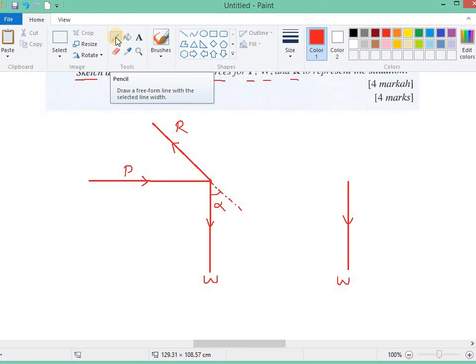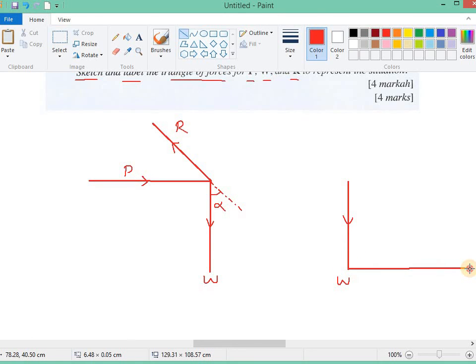So I move the P to here, and I move the R here. So this is R. That means if like that, this angle is alpha and this is 90 degrees. Okay, you see or not?